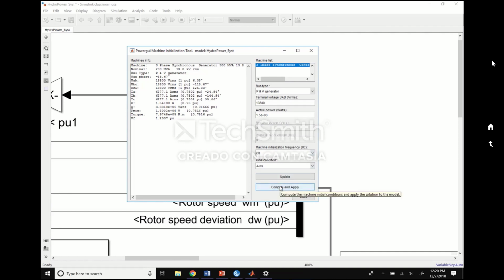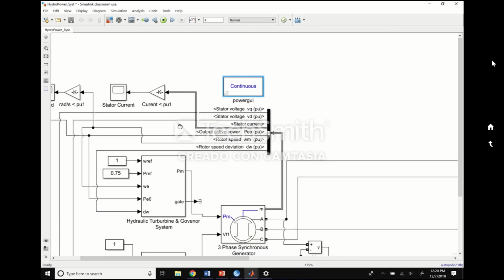And when this is all set up, we click compute and apply, and it takes a second to update everything. When it's computing and applying, it changes various parameters in the generator and the turbine and the exciter. It sets the reference values and also changes some of the initial conditions and the resistance and reactance values inside the systems. And when it's initialized, then we can talk about the next thing.